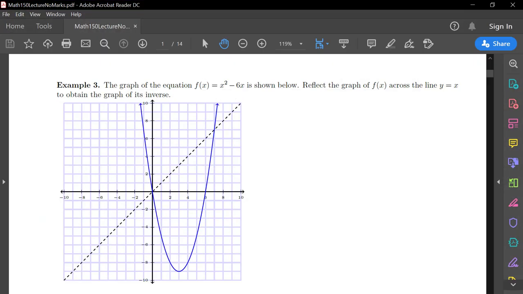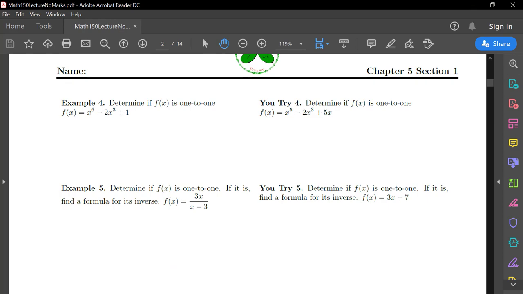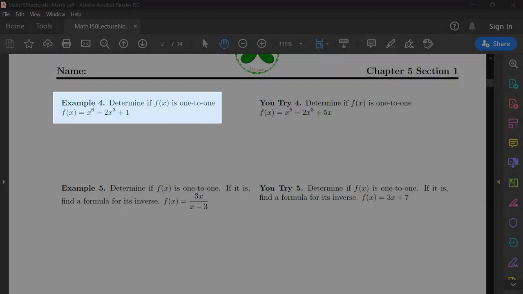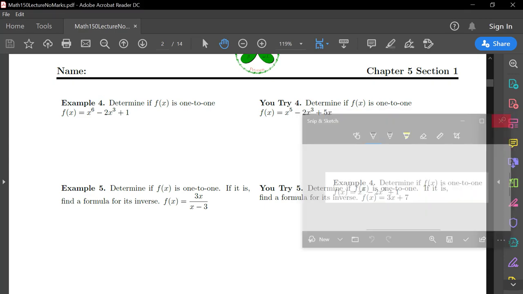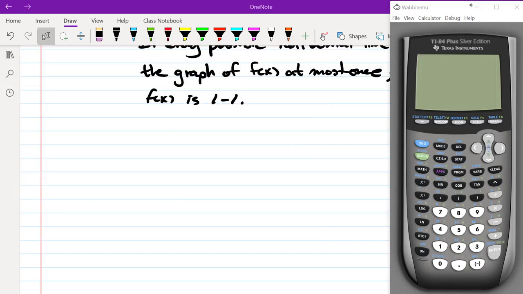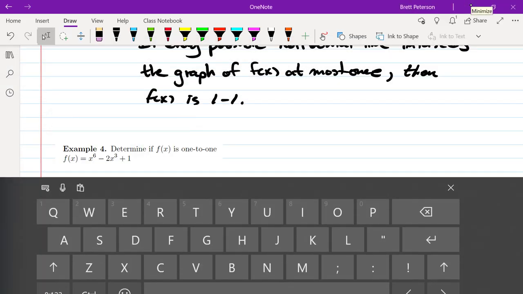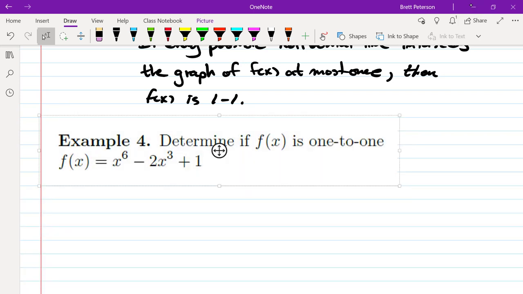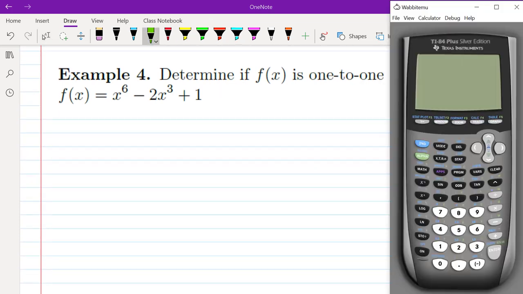So let's take a look at our next example. We wish to determine if f of x is 1 to 1. The simplest way to do so is to just graph it.